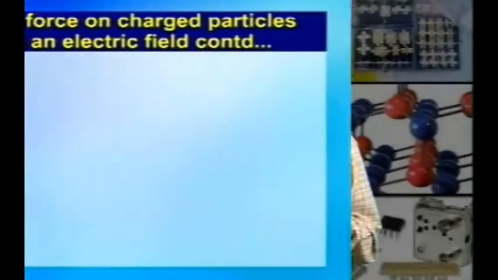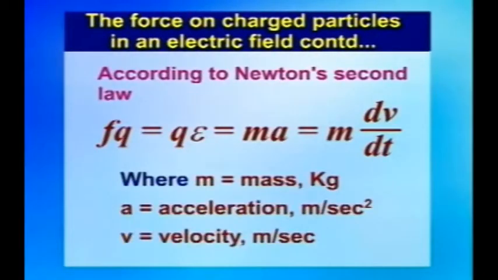So the previous slide gives you the expression for the force exerted by the electric field on the charged particle. Now if you want to find out the motion of the charged particle under the influence of this force, we have to consider Newton's second law. So we are once again taking Newton's second law as the reference, and we are equating it with the force exerted by the electric field, that is F = QE, which is equal to ma, and equated to m dv/dt.